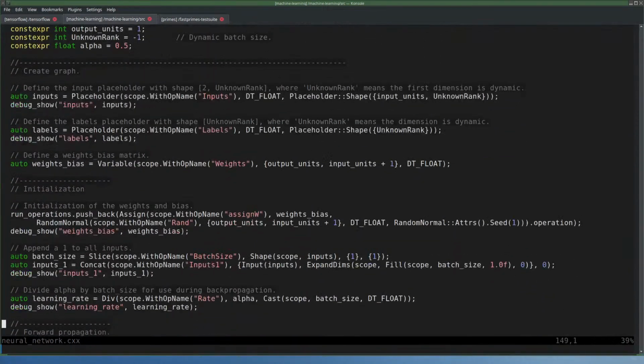Maybe the problem is then that my weights bias is a variable, but the other ones are placeholders. Placeholders need to be fed in. That's no problem, but then I don't have any other variables. And if variables are the thing that I need to be persistent, then maybe I should just make my input 1 a variable.